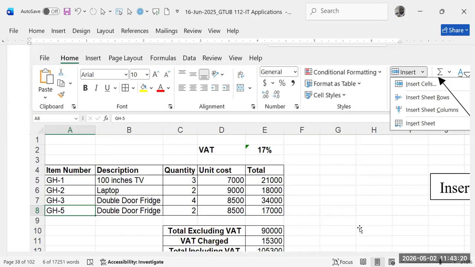Someone should help him. Formula for E10. So the E10 will be E5 plus E6 plus E7 plus E8. That's great. So you see, we are adding all this to give this total excluding VAT.